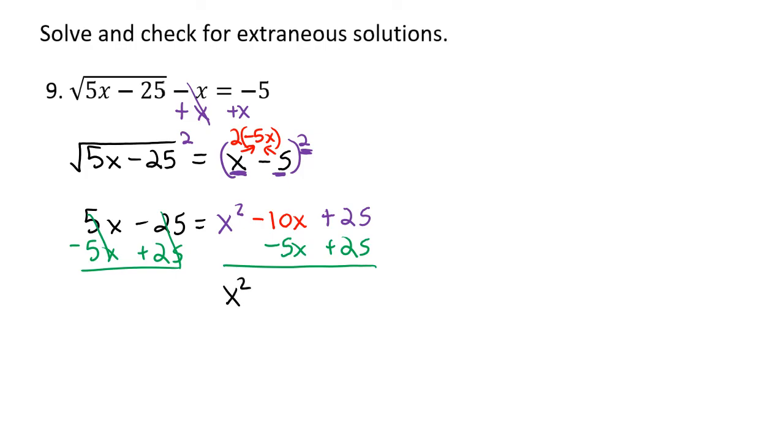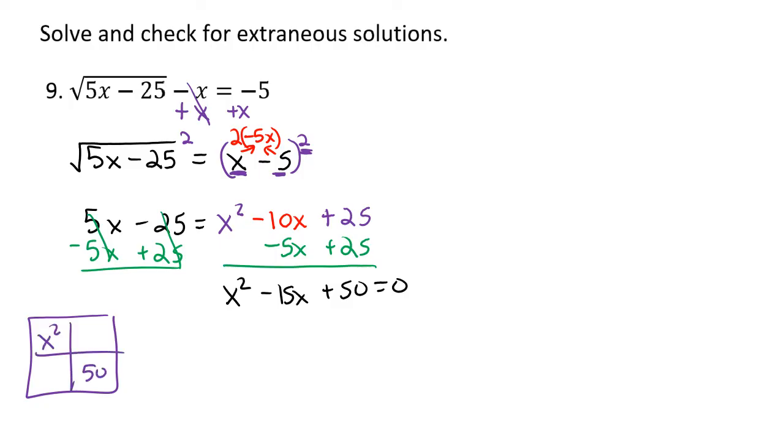So I'm going to have x squared minus 15x plus 50. And then here, this is where I'm going to go ahead and factor. Two numbers that multiply to be 50 but add to be negative 15 are going to be negative 10 and negative 5.